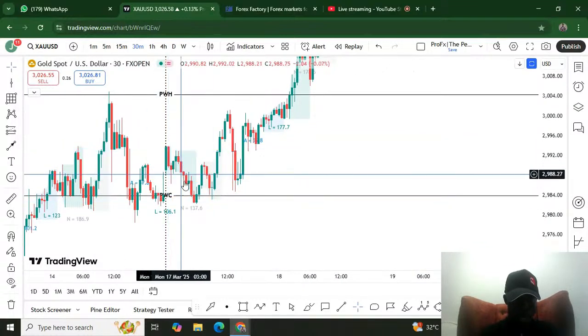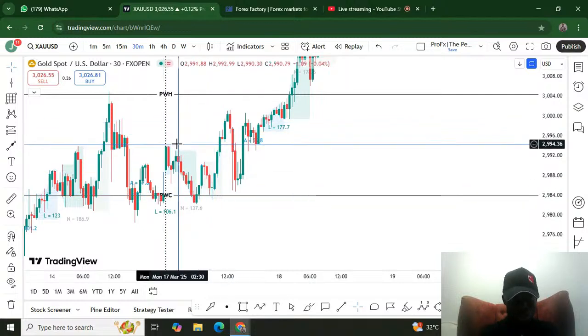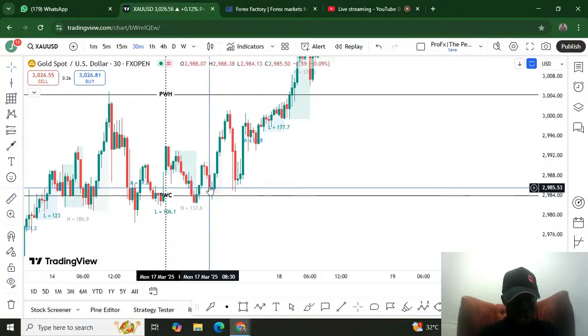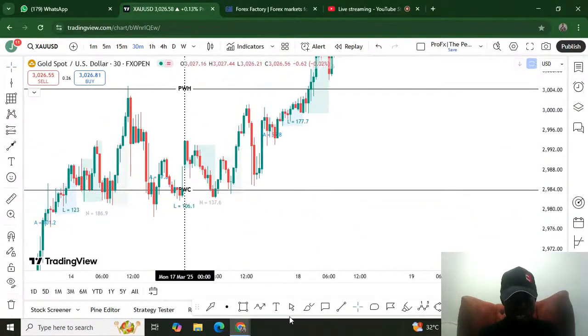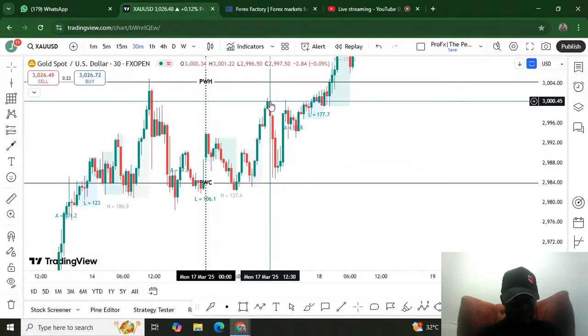Price pulled back and broke out of this structure. This is the first buy opportunity, right? But this is the second opportunity, breaking out of this. So the first opportunity happened at the London session at 9 o'clock. Buy.